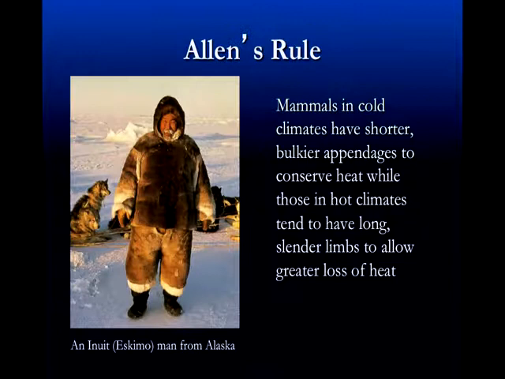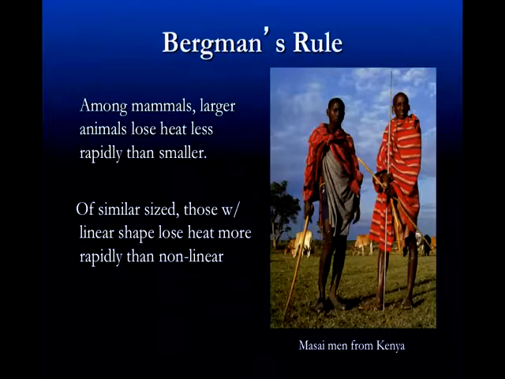So again, Allen's rule is that mammals in cold climates have shorter, bulkier appendages to conserve heat. Bergmann's rule, which is related, is that among mammals, larger animals lose heat less rapidly than smaller. Okay? So this basically means that, for example, if you look at the distribution of bears in North America, the colder it is, the bigger the bear.